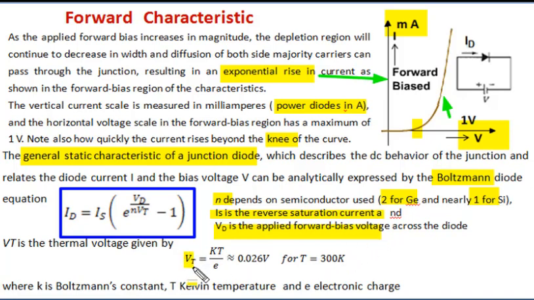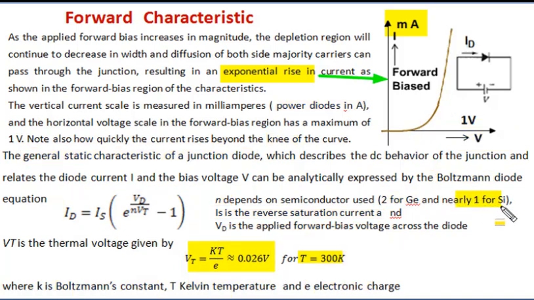Now Vt is a thermal voltage which is given by the expression kT by e, where k is the Boltzmann constant, T is Kelvin temperature and e is electronic charge. If we take temperature equal to 300 Kelvin, then the value of Vt will be 0.026 volt.